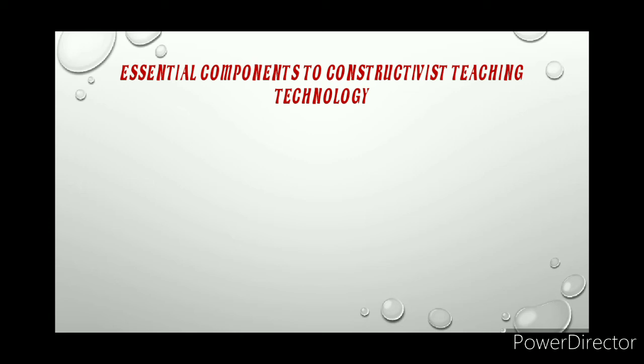Essential components of constructivist teaching technology. There are several main components to include in your plan if you plan on adhering to constructivist principles in your classroom or designing your lessons. The following are from Baviskar, Hartle, and Whitney in 2009.